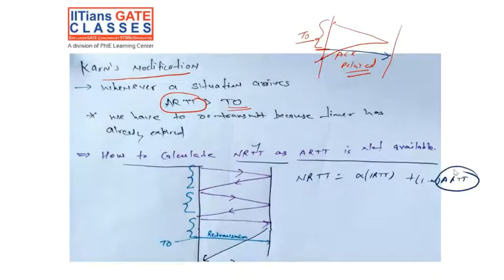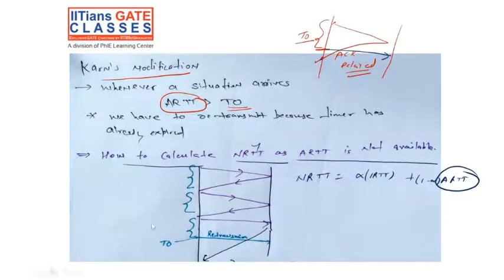Then you need the actual round trip time, and only then can you calculate the new round trip time. But after timeout, I don't have it because the acknowledgement is delayed. If the acknowledgement is delayed, I can't observe the new actual round trip time, right? So for this, there is some modification. That modification we call Karn's modification.